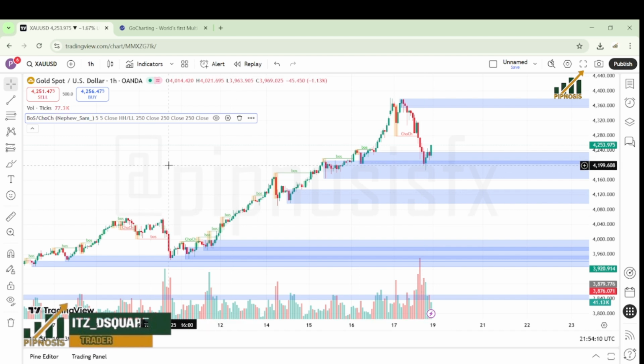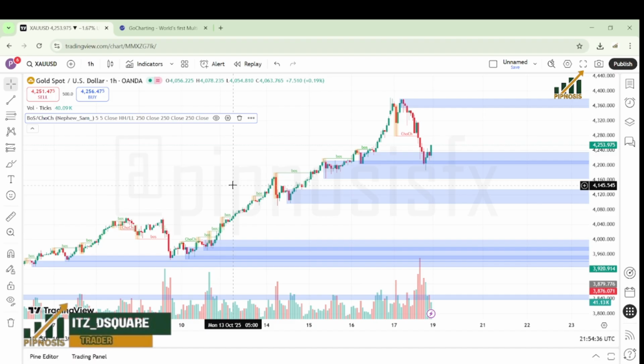Now, since I have seen my structure, what I would do is to plot out my key levels, my supports and resistance, which we can clearly see. So this is my support and this is my resistance. This is also my support. This can also be seen as my support.